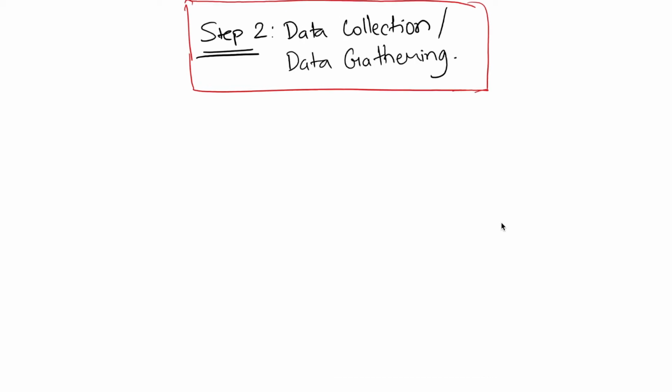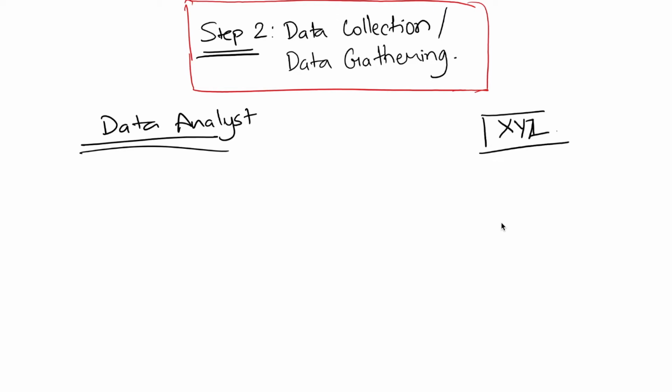Now, say you're a data analyst working for a firm, or let's say you're working for a client. Let's say he's an XYZ client, just for now. Let's assume that. All right.